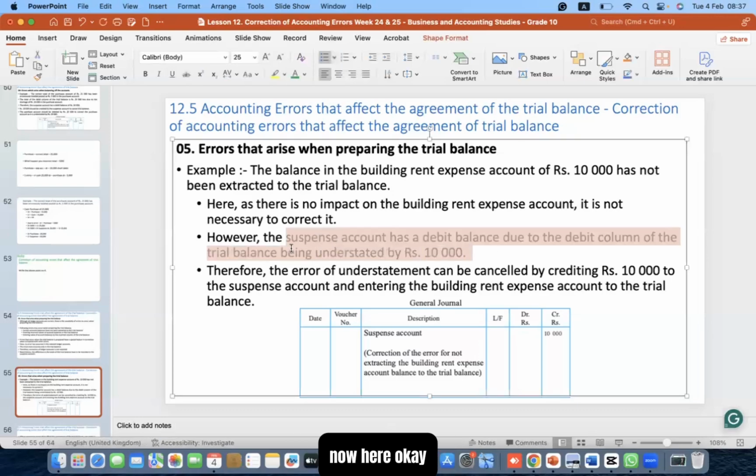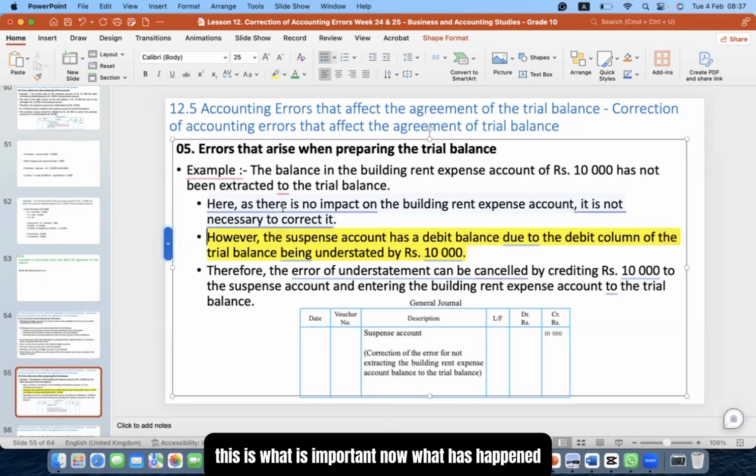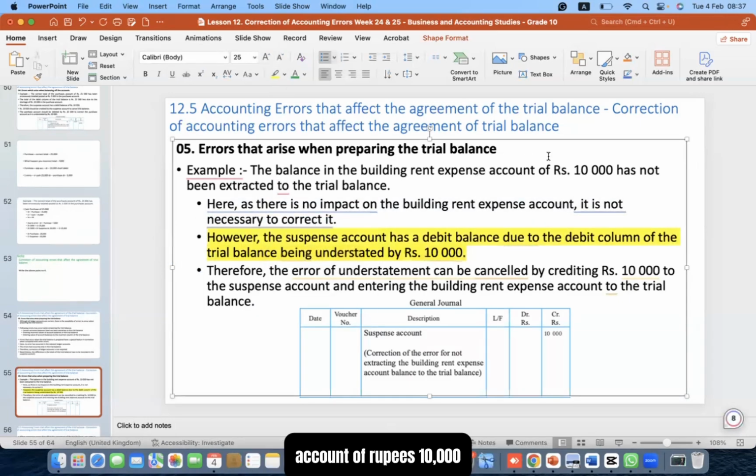Okay. Now here, this is what is important. What has happened? The balance in the building rent expense account of rupees 10,000 has not been extracted to the trial balance. You have a 10,000 debit balance in the rent expense account and you have not taken it to the trial balance. So in the trial balance, there will be a difference of 10,000.